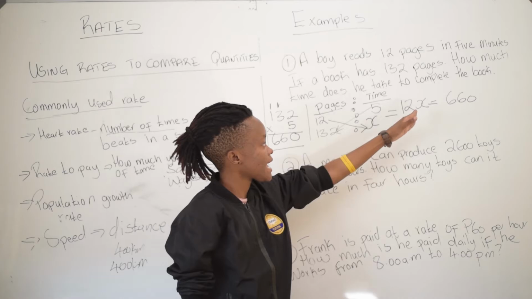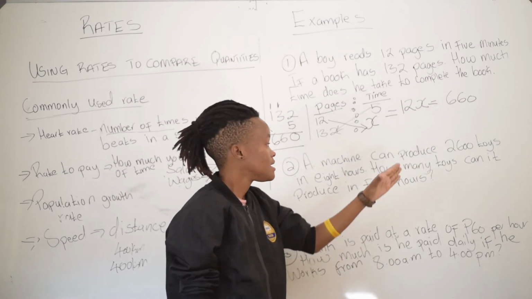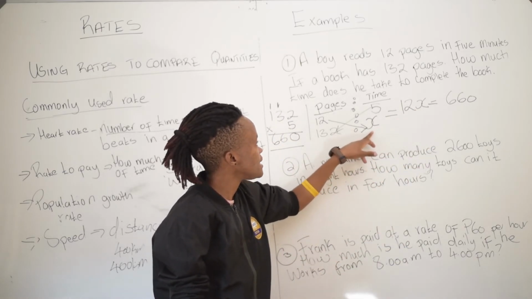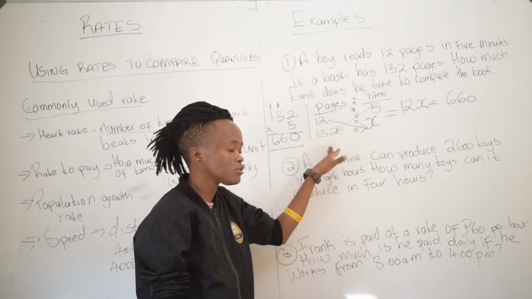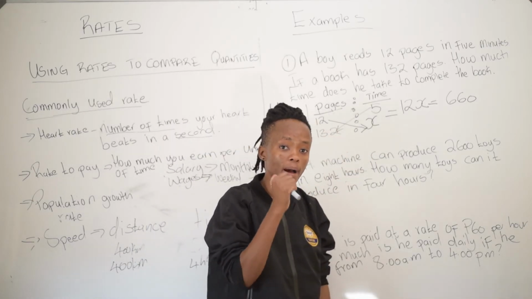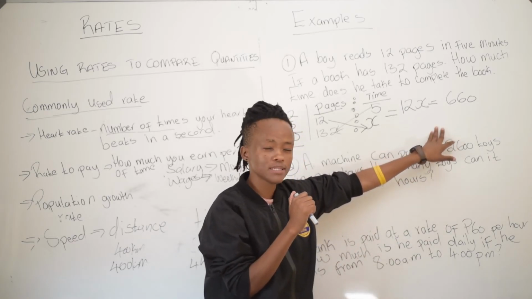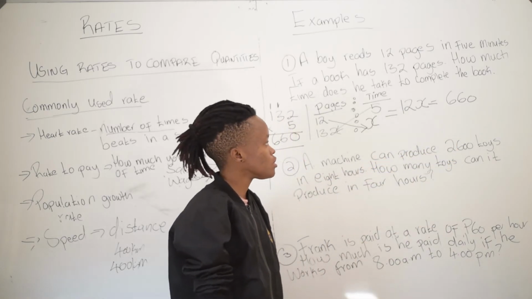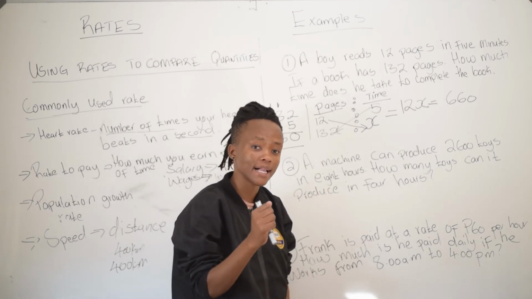Remember, we don't know what x is. So our main aim here is to find the time taken to read 132 pages. And I hope we all did, from standard 5 and standard 6, a topic called algebra.